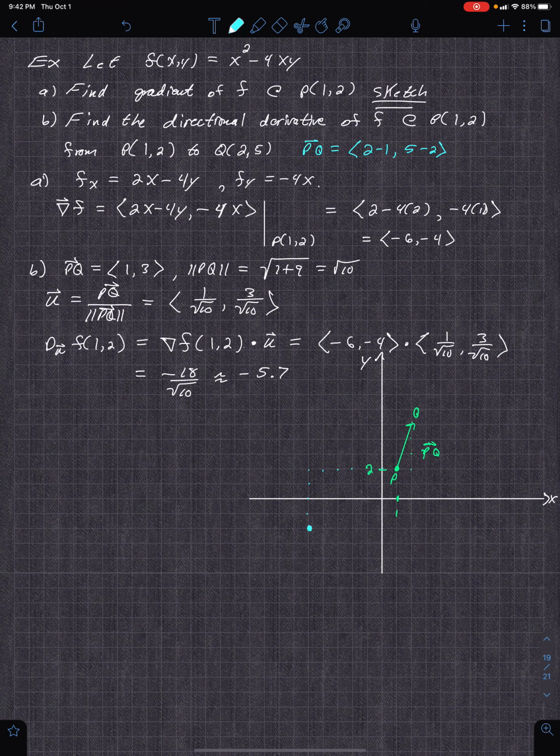So this is the gradient vector from here to here. That's the gradient of f at (1, 2). Okay, so that's, again, just some mechanics we should be able to do and figure out. So the next important concept is, what does the gradient tell us? It actually is an important idea.